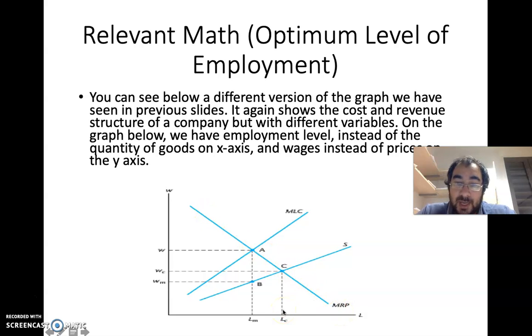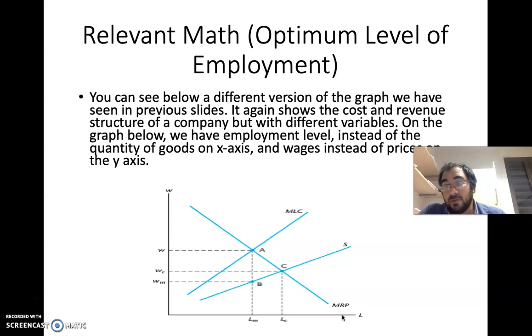The labor quantity at which the marginal revenue the last worker brings is equal to the wage you need to pay for the last worker to get that amount of labor supply is represented by the point C. So at point C, you got LC amount of workers, and for LC amount of workers, the wage you need to pay is equal to the marginal revenue product the last worker brings.